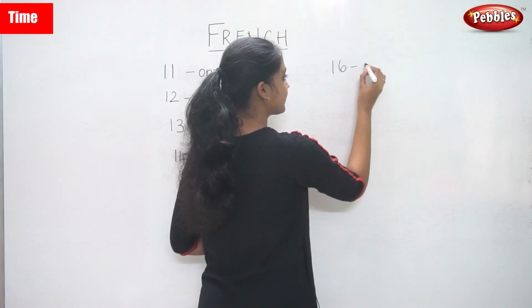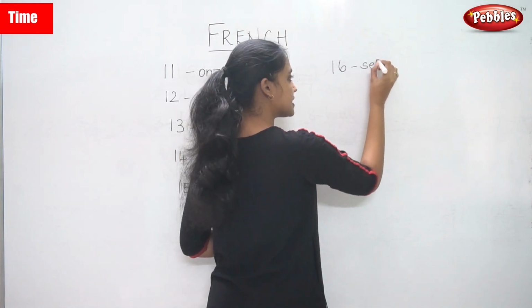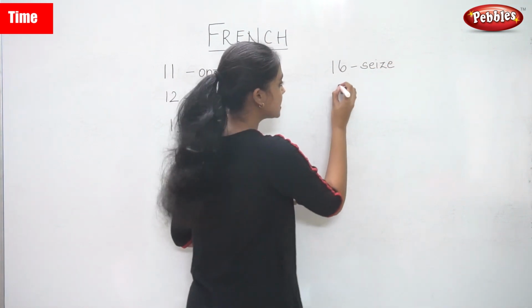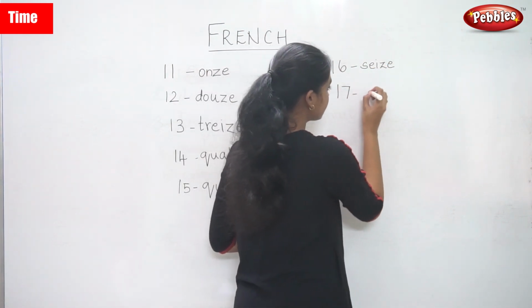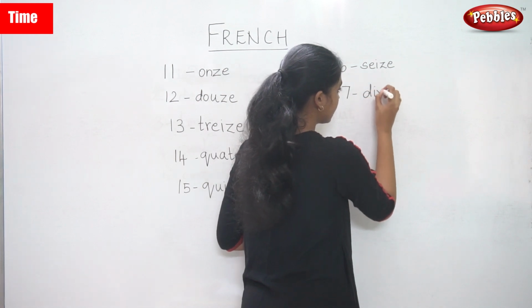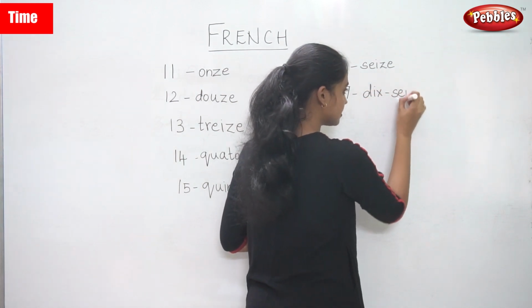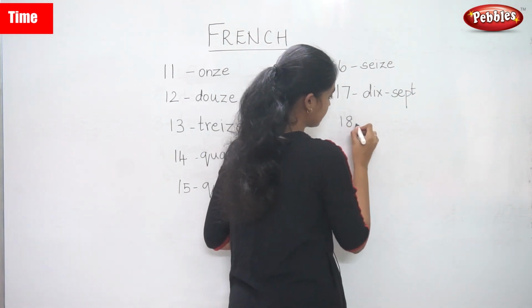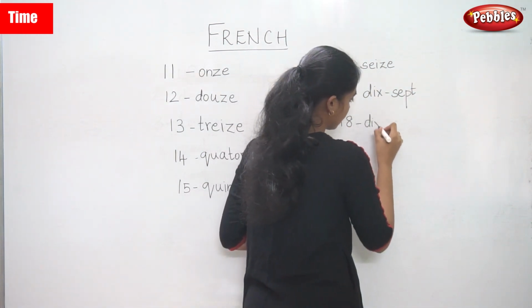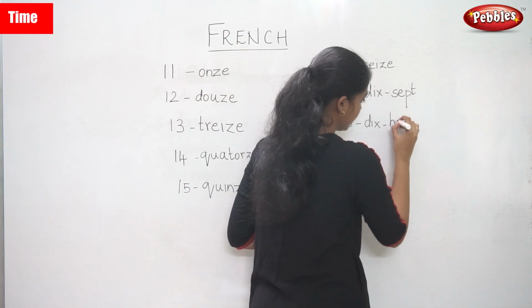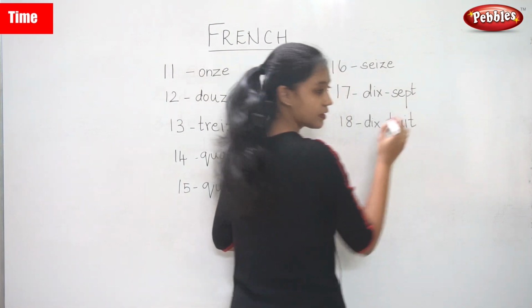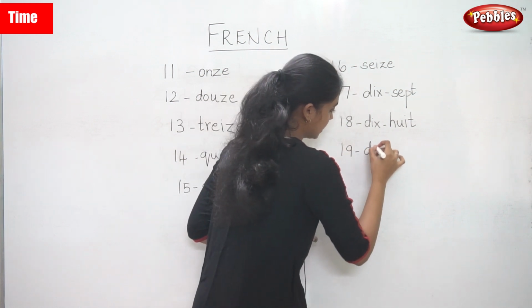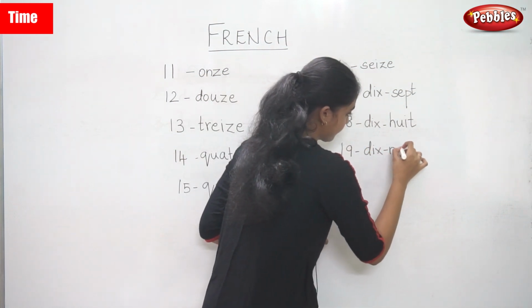16 is seize. 17 is dix-sept. 18 is dix-huit. 19 is dix-neuf.